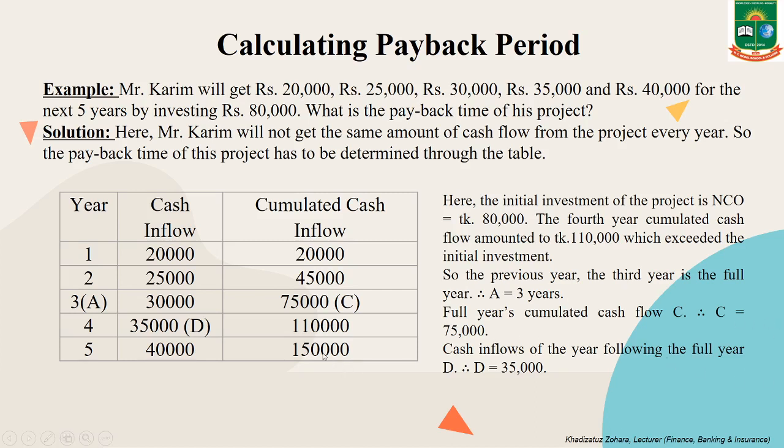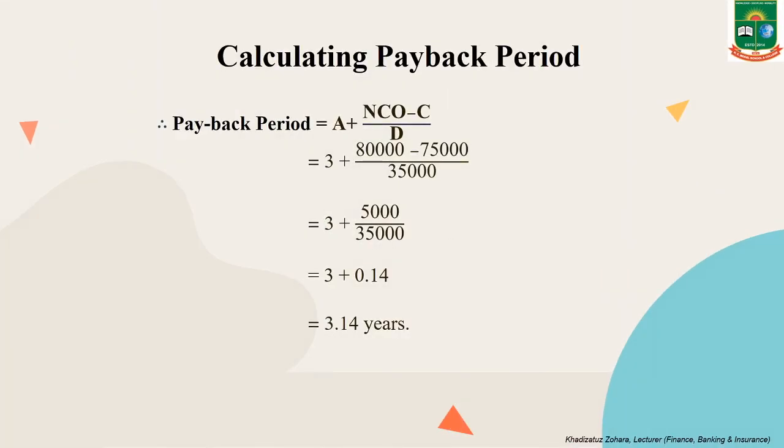And D is 35,000 taka. So we can put this in the formula of payback period: A plus NCO minus C by D. 3 plus 80,000 minus 75,000 divided by 35,000, and we get the payback period is 3.14 years.